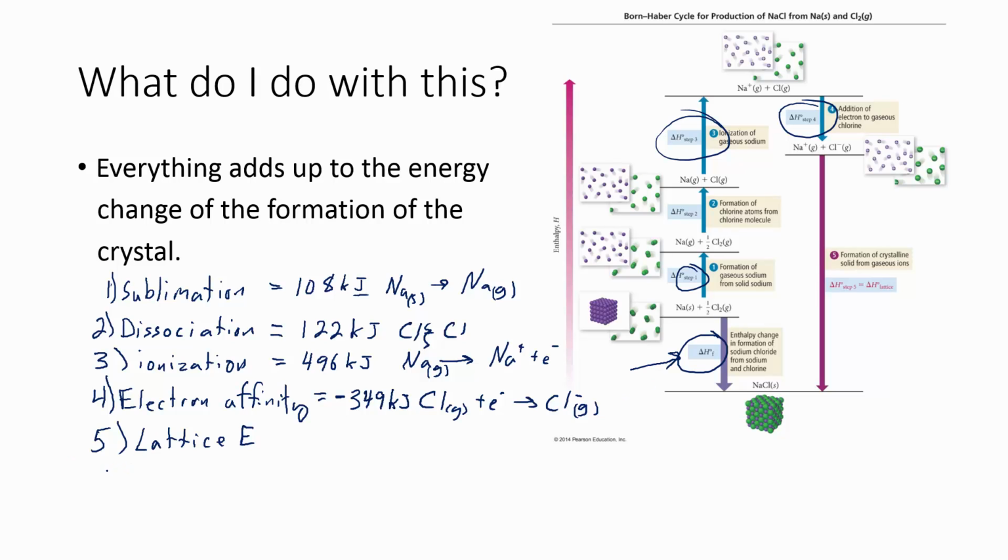And we can see that this particular energy, that's sodium solid plus half a chlorine molecule gas going to solid sodium chloride, is going to be exothermic, meaning giving off energy to the tune of about 411 kilojoules.